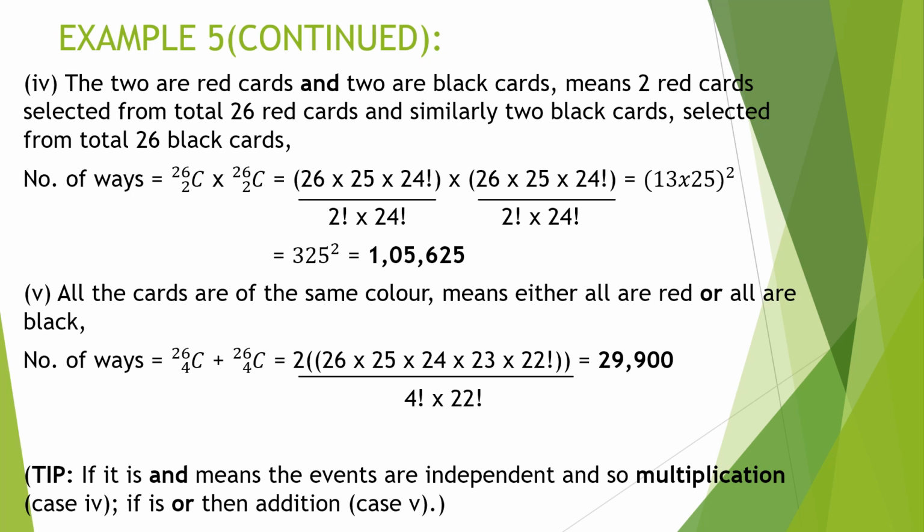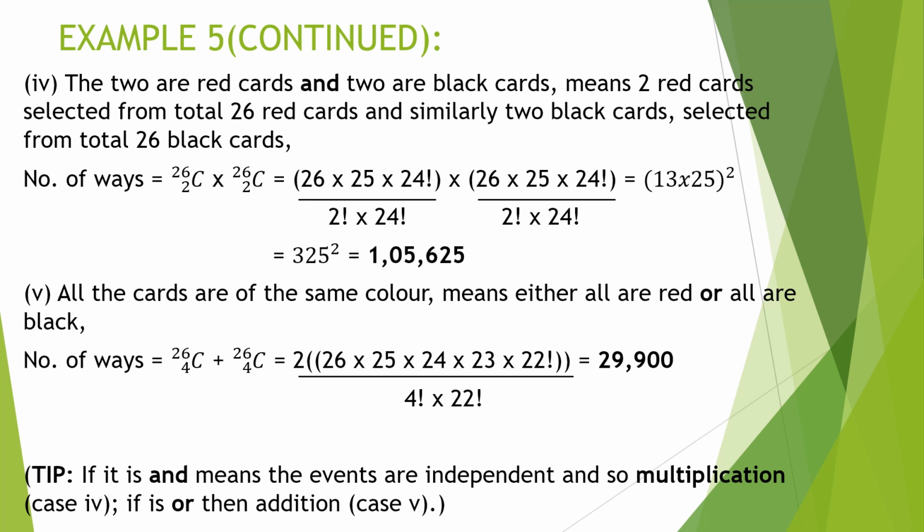So when you simplify that, again I am telling you, be careful in the simplification. 26C2 means 26 into 25 into 24 factorial upon 2 factorial, 24 factorial. So 24 factorial will get cancelled out. So ultimately it is 325 square or 105625 ways.